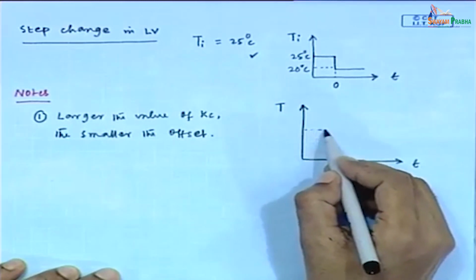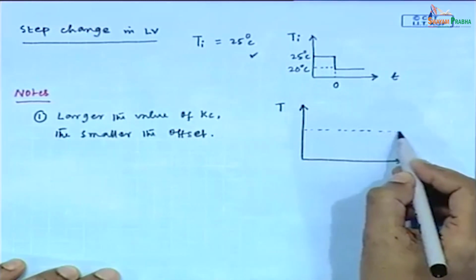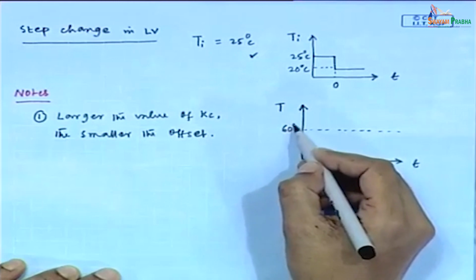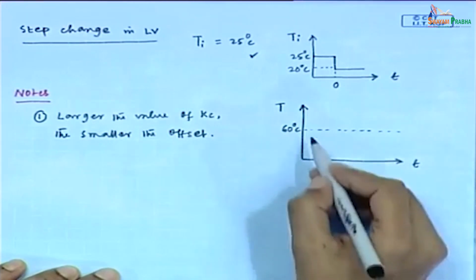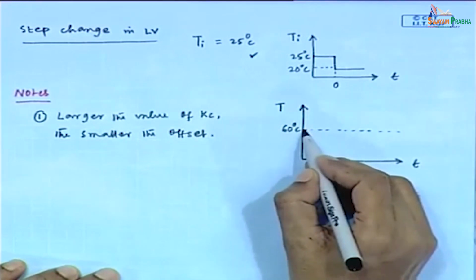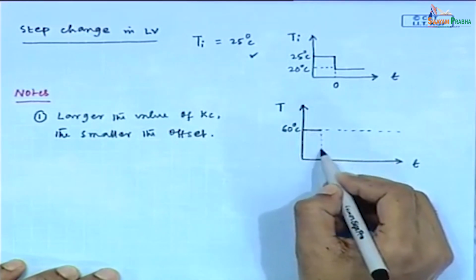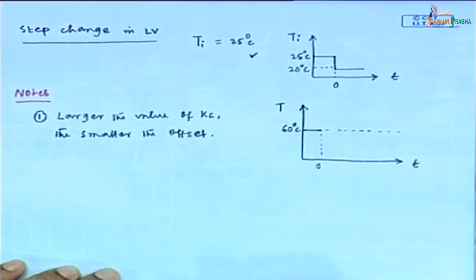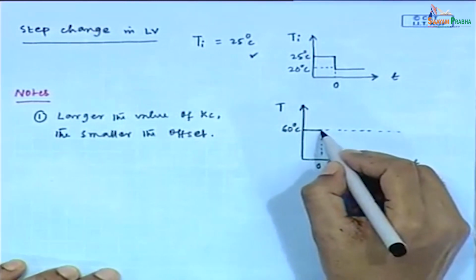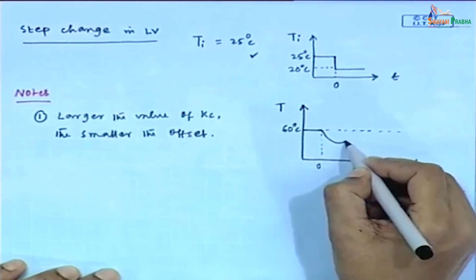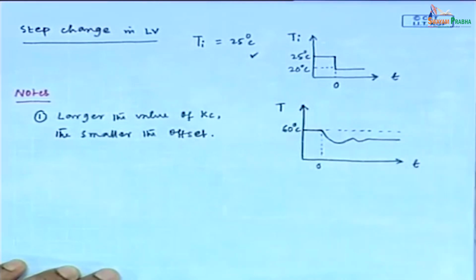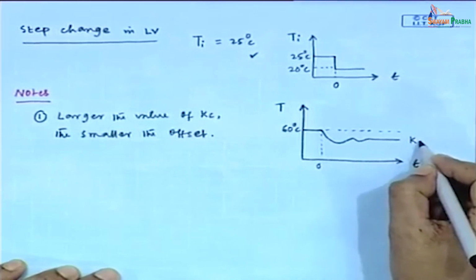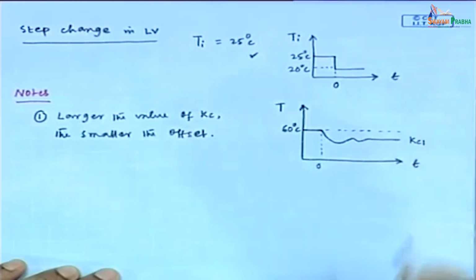What is the steady state value of temperature? 60 degrees Celsius. Fine. Now, if we introduce a step change at say time t equals 0, the closed loop process responds like this. Fine. This is at a particular Kc value.